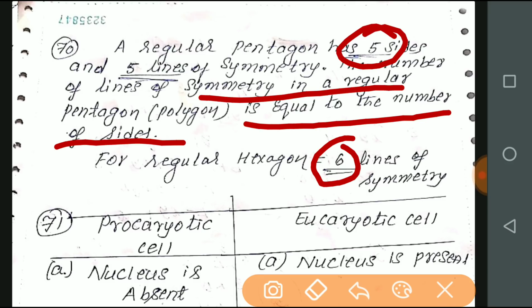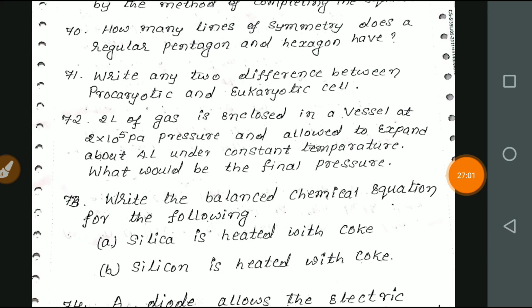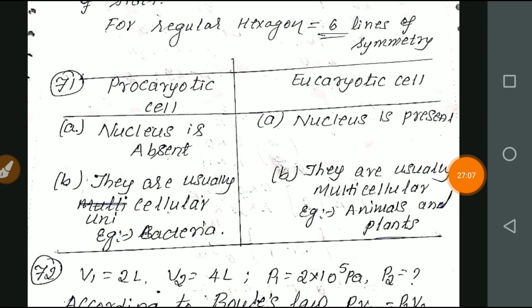Next question: any two differences between prokaryotic and eukaryotic cell? In question number 71, differentiate between prokaryotic and eukaryotic cell. In prokaryotic cell, the nucleus is absent, whereas in eukaryotic cell, the nucleus is present.